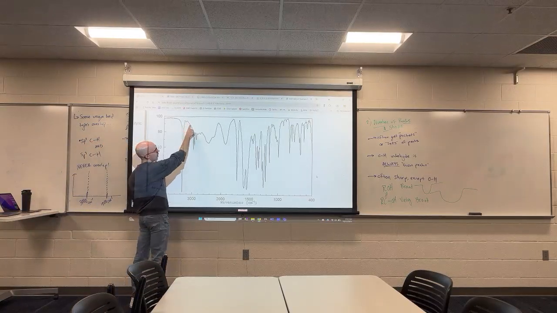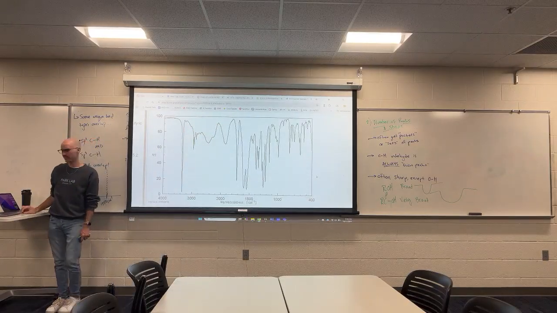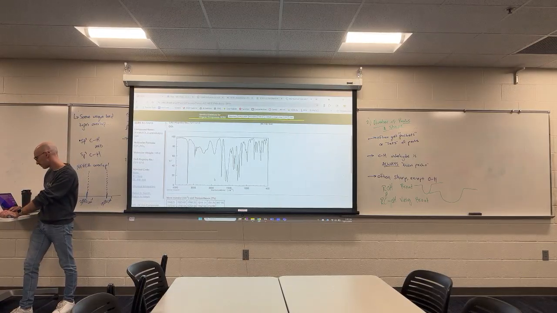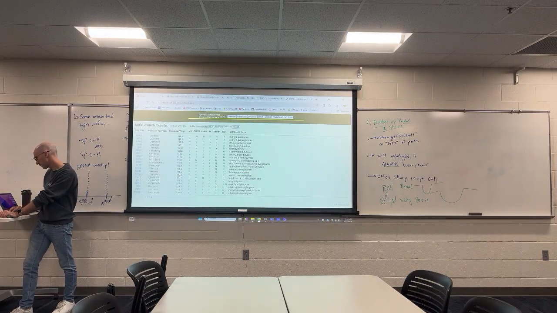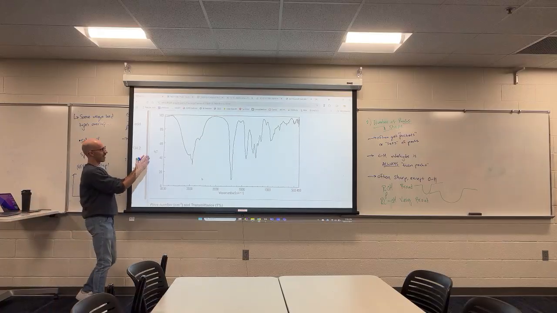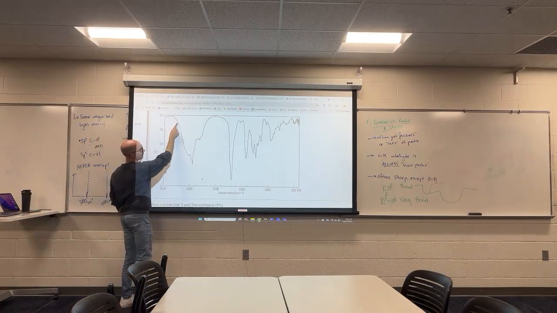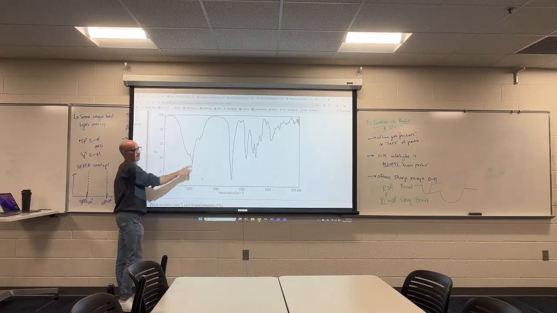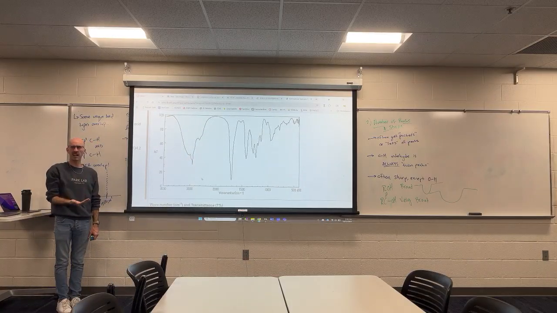But this is actually the OH of the carboxylic acid up here. It's incredibly broad. It's like it's hiding. And it's overlapping a lot of other signals as well. Here we go. That's not just broad like the last one was. This is incredibly broad. And a little bit more shallow. It's not as deep as the last one was.